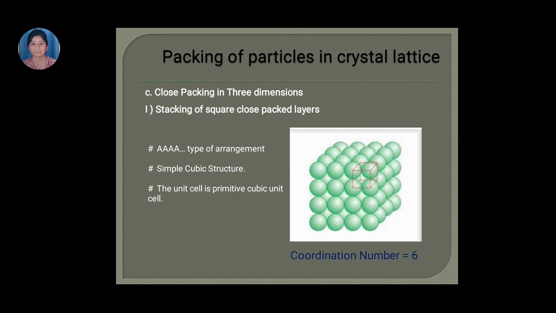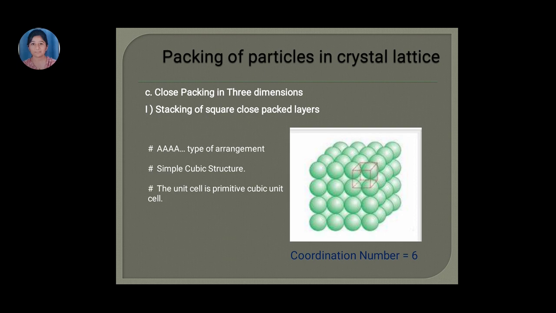And if you see, the coordination number here will be 6, because we have seen already in the 2-dimensional arrangement that if you consider this specific atom, it is surrounded by 4 atoms around itself, right? One atom is behind that atom, that is in the layer behind it, and one atom is in front of it.